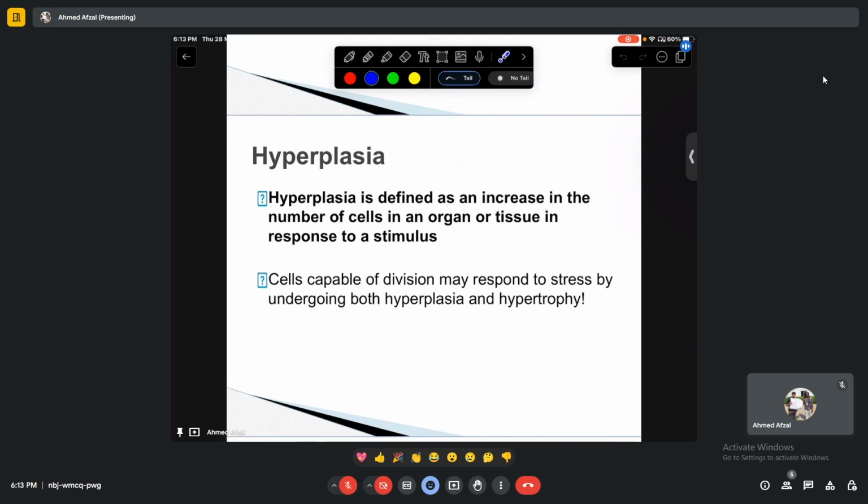This references types of chromosomal abnormalities. Okay, I'll just get this on the iPad.